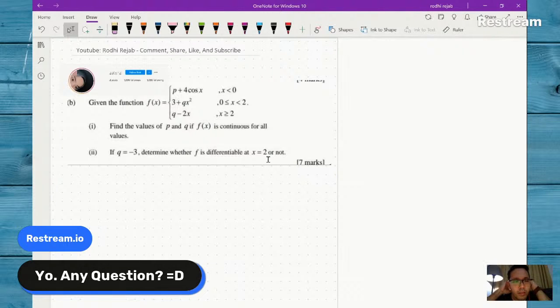Given the function f(x), find the value of p and q if f(x) is continuous for all values. So this is a limit question.